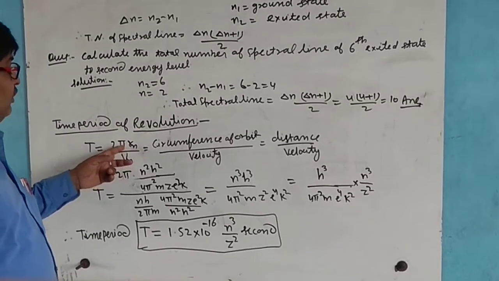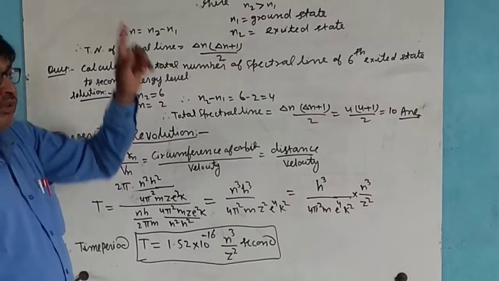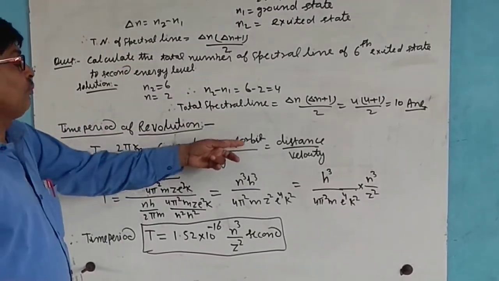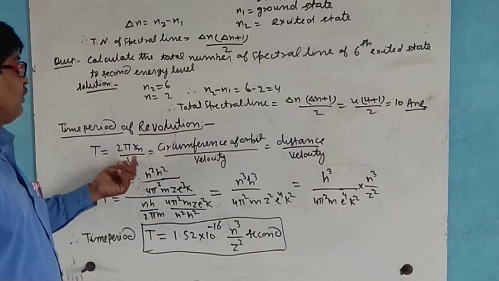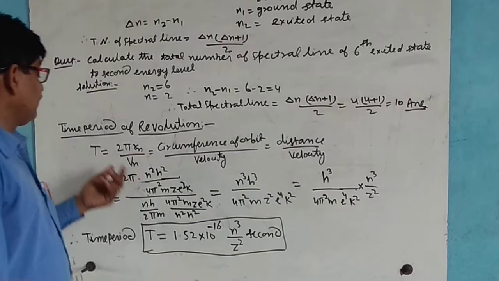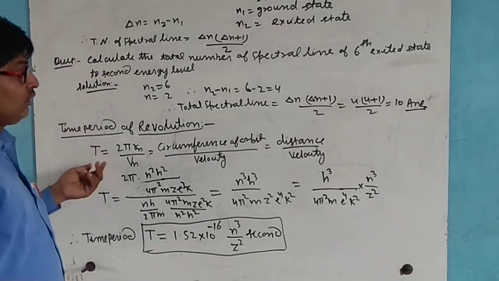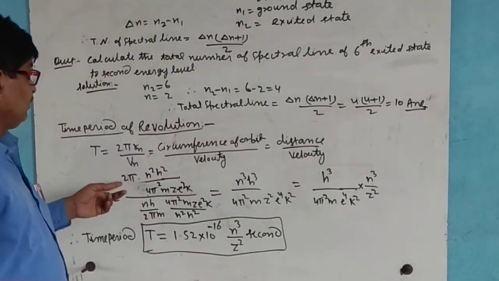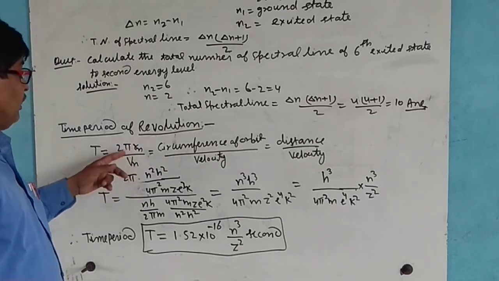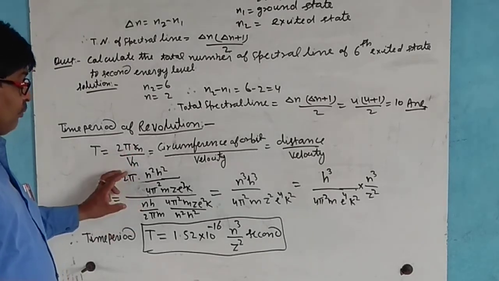The electron revolves around the nucleus in a circular path, so 2 pi r is the circumference of the orbit, and this is the velocity of the electron, and distance by velocity is known as the time period. We put the values of Rn and Vn after calculating.